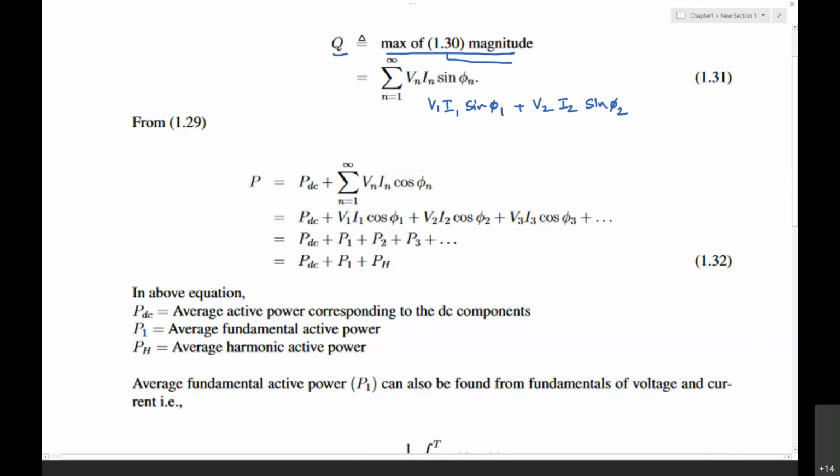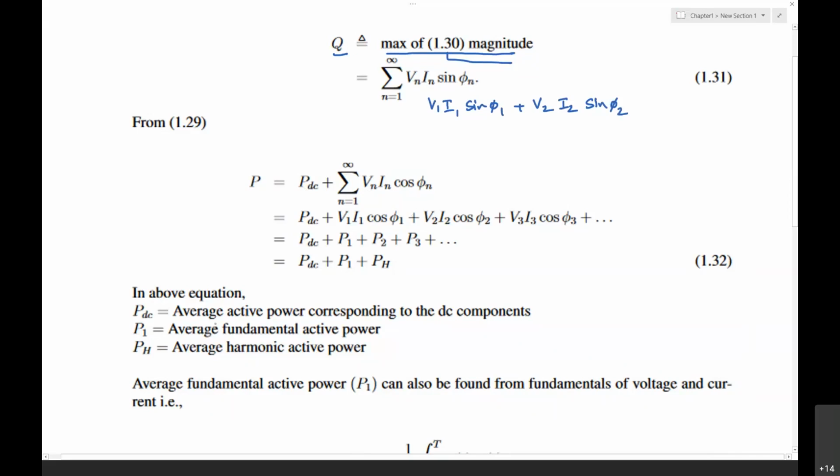Now this power, elaborately the real power or the average active power, we can write as PDC plus summation of Vn In cos phi n.